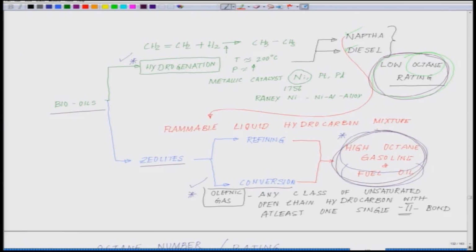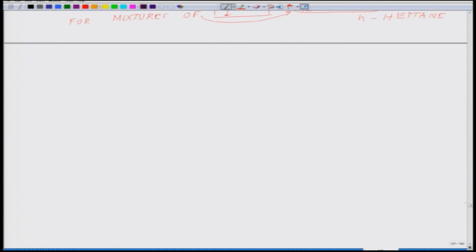So, these octane ratings are nothing but how much compression you can do. Now, to give you some idea about what are the different octane ratings, say for example, you have a high octane rating, high RON, whereas you have a low RON.